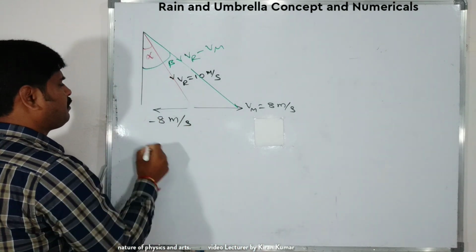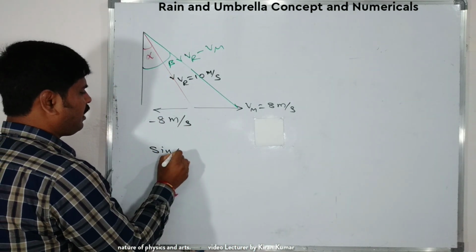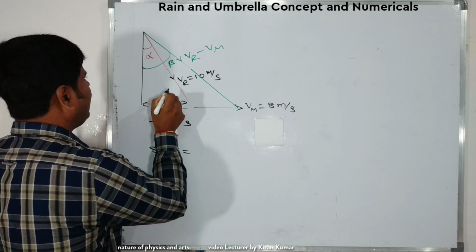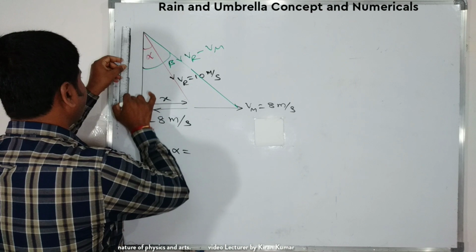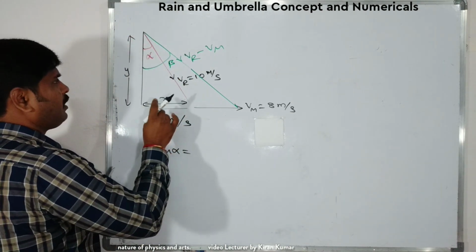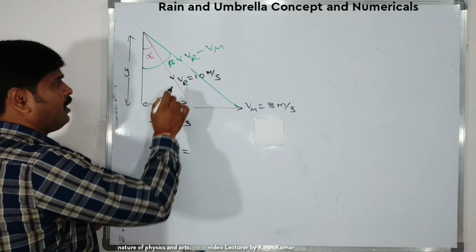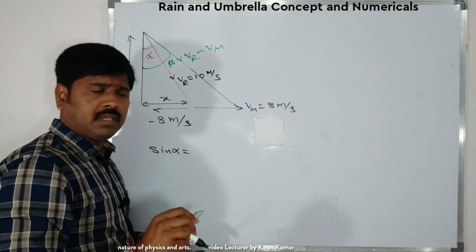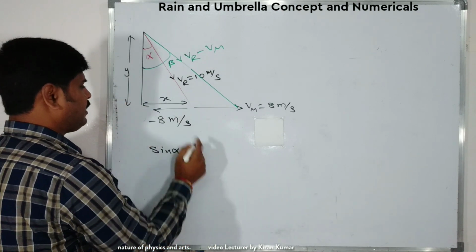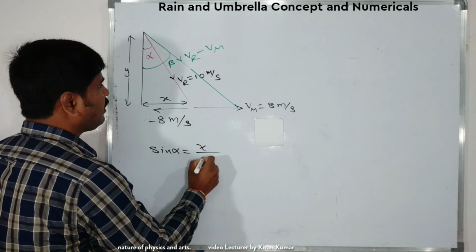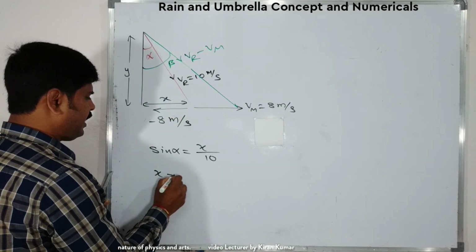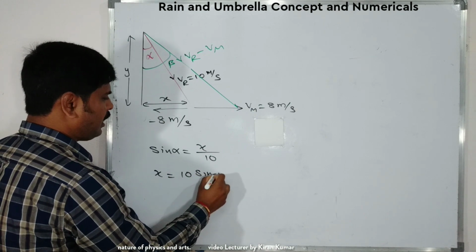Okay, so first I'm going to write sine alpha, taking this as x and this as y. Then the velocity of the rain resolves into two components, horizontal and vertical, so x divided by 10, the Vr value, and x is equal to 10 sine alpha.